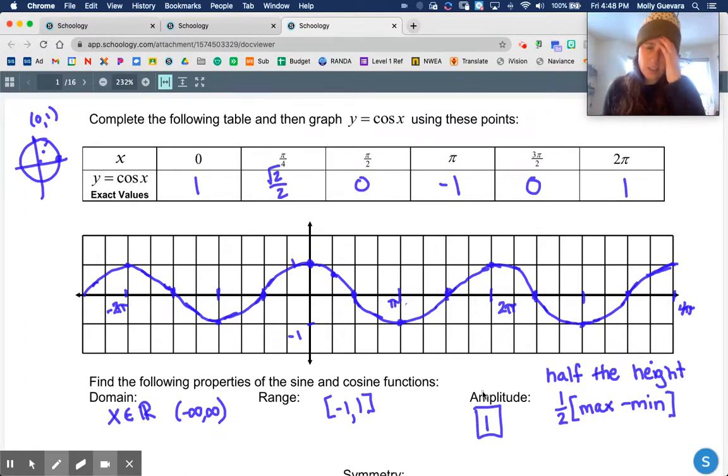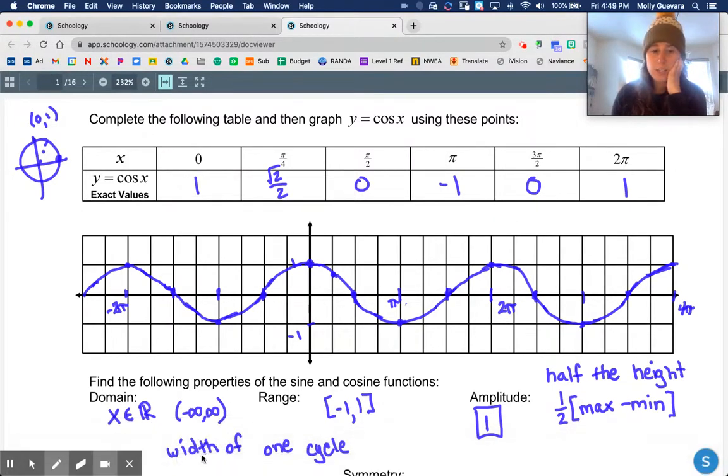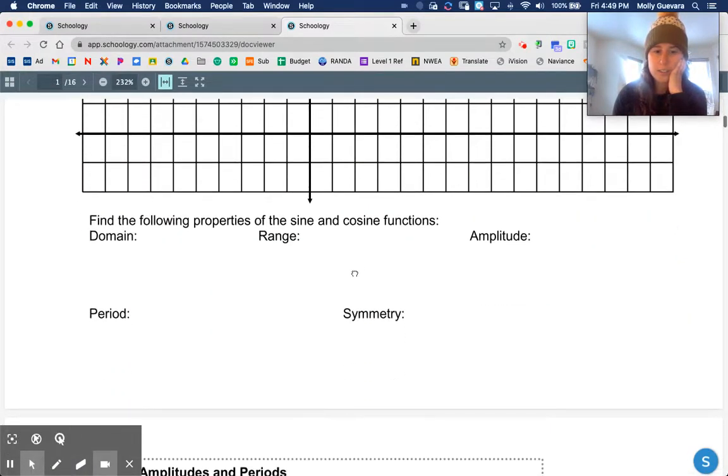The next thing that's on your paper, and it's right down here, and I know I didn't fit it, and that was my bad, is the period, okay? That's the width of one cycle. So both sine and cosine, the period there is 2 pi. I'm probably going to have to just clear this here.